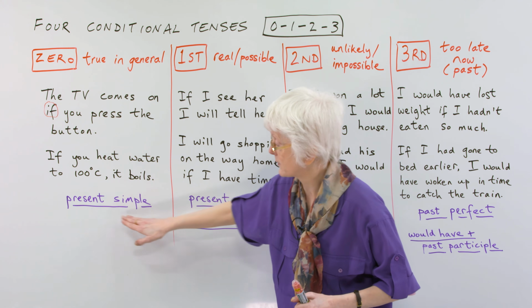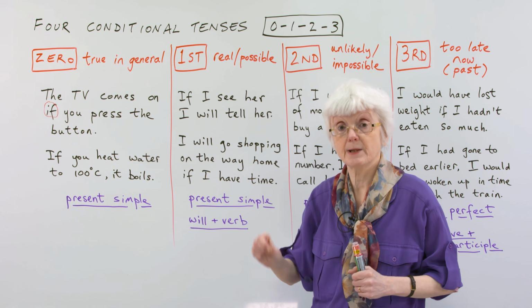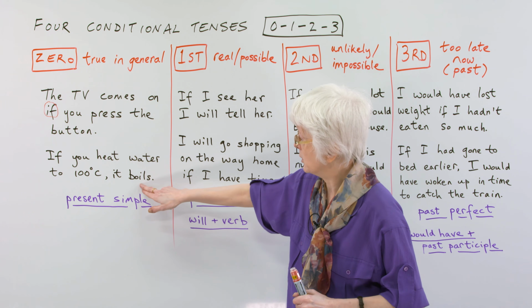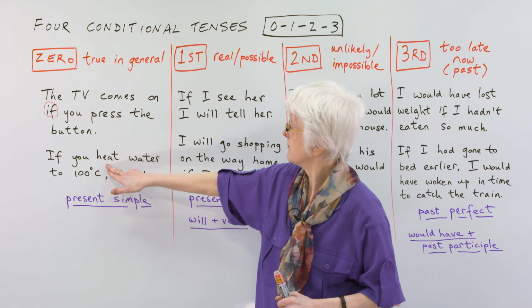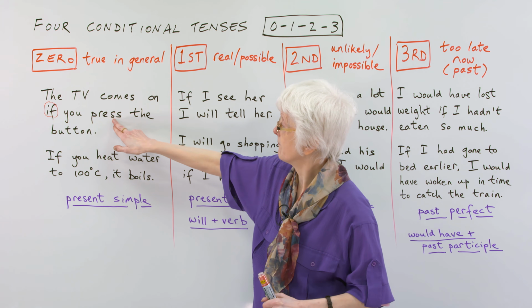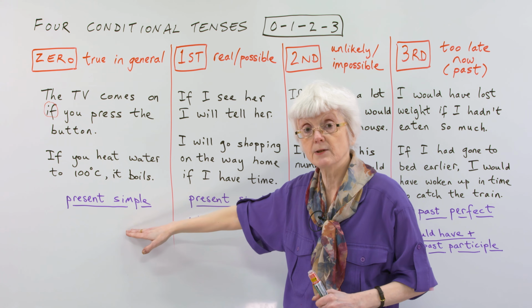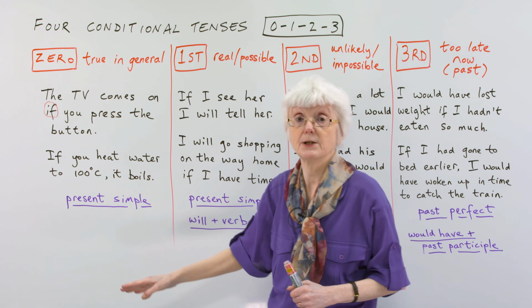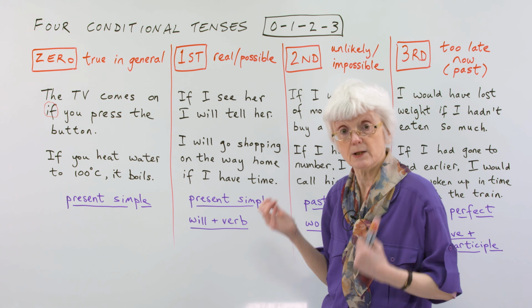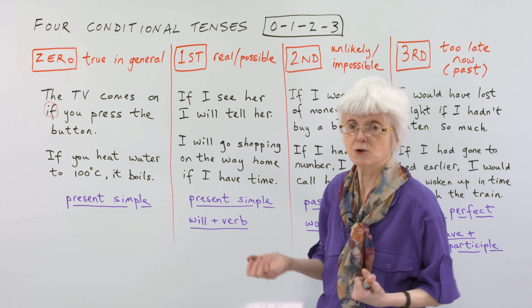And for both clauses, you use the present simple tense. It boils, you heat, you press, the TV comes on. That's all present simple tense for zero conditional. Okay, so that's very simple. Things that are true in general.